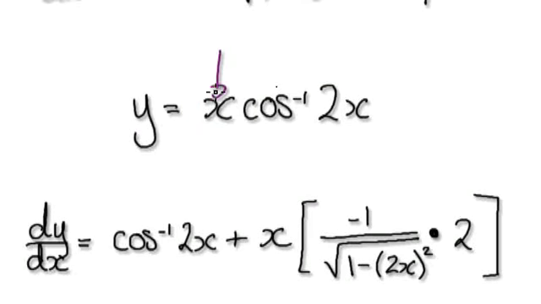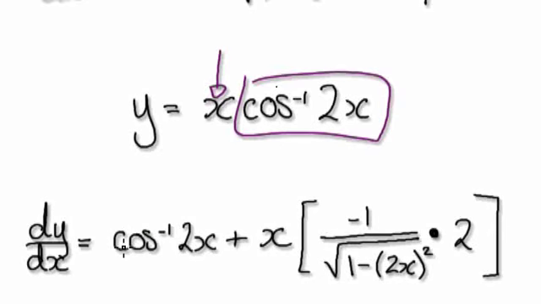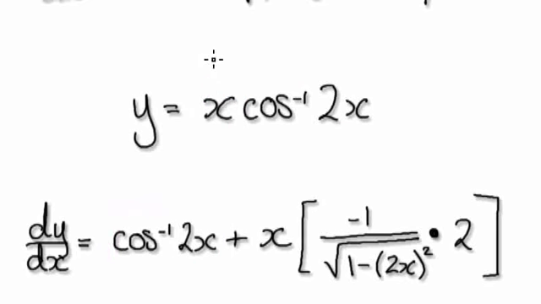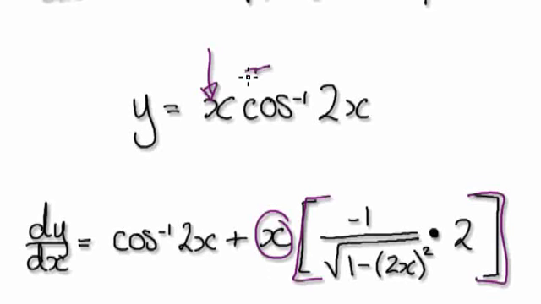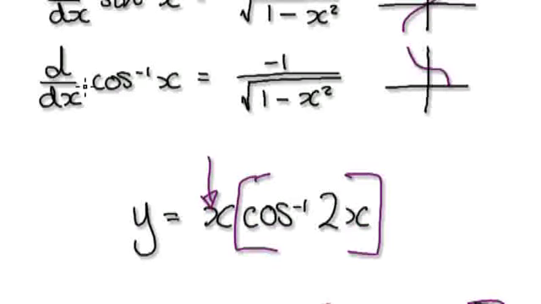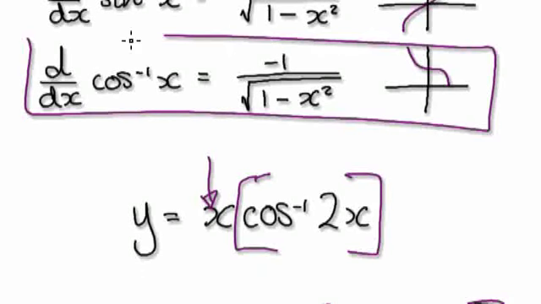So differentiate the x, that would be 1, and leave this the same. That's this, leaving it the same. Okay, and then plus, and then leave this the same. That's this bit here, and then multiply the whole thing. So you will need square brackets here. Multiply the differential of this, but then for you to differentiate this, you've got to use this thing here.